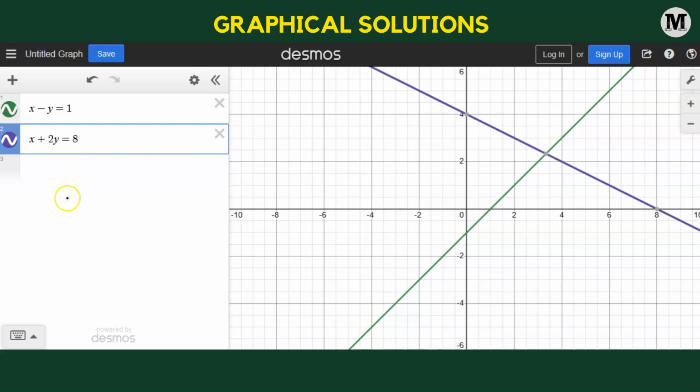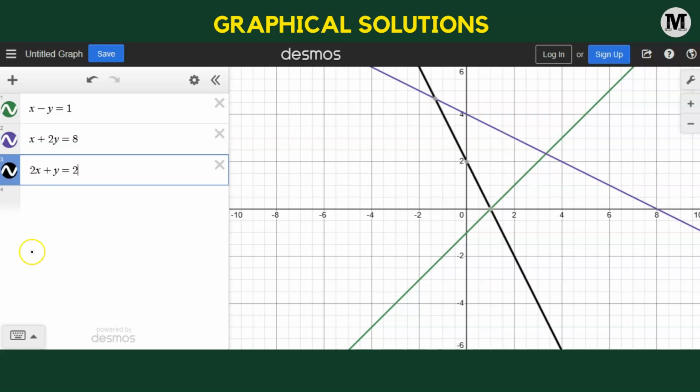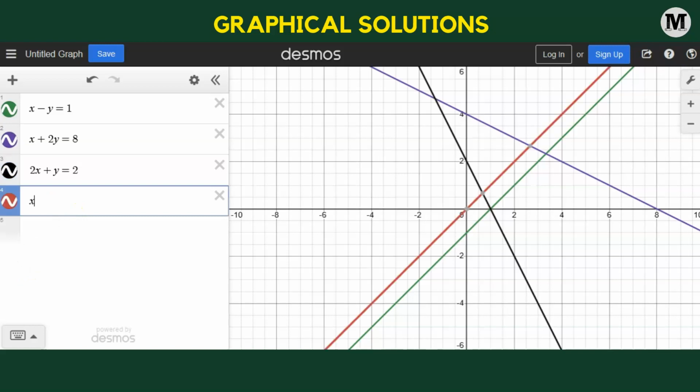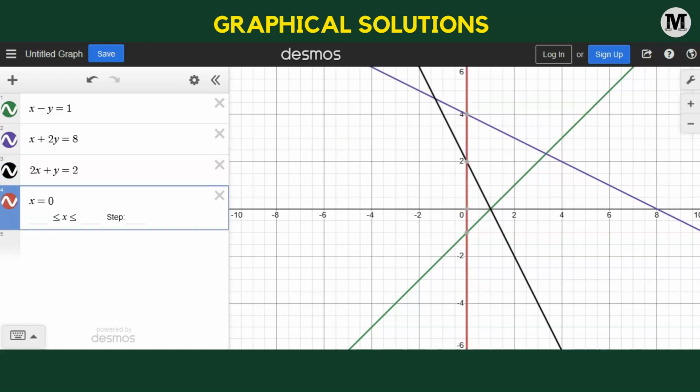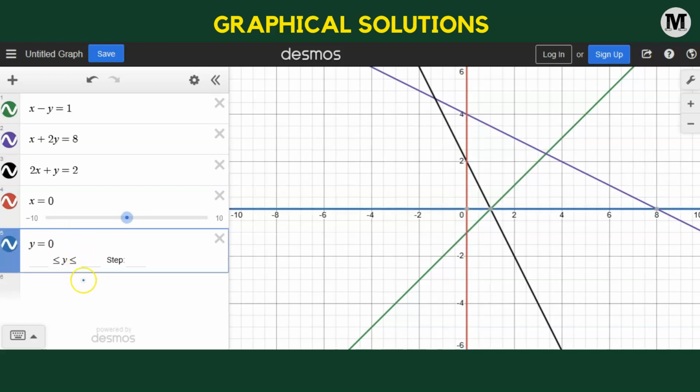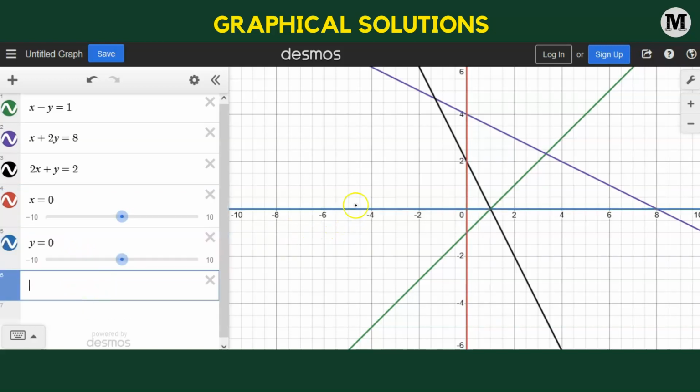Next we have the third equation, 2x plus y equals 2. Then we have x equals 0 and y equals 0. Okay, so let's look at the graph.